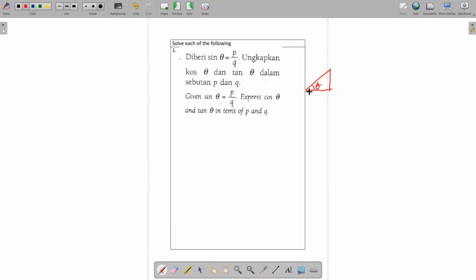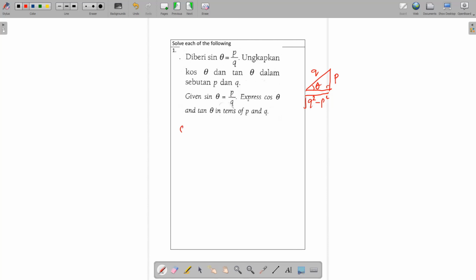So our theta over here, sin theta is opposite over hypotenuse. Since you are asked to find cos theta and tangent theta, which need the adjacent value, we find our value over here first. To find the value for this side, it will be q squared minus p squared, and then we square root it. This one is Pythagoras theorem.